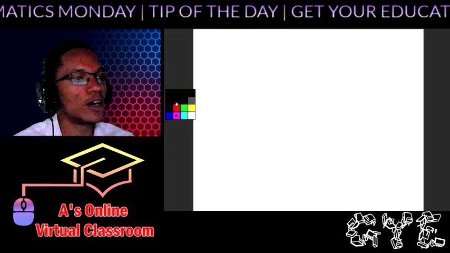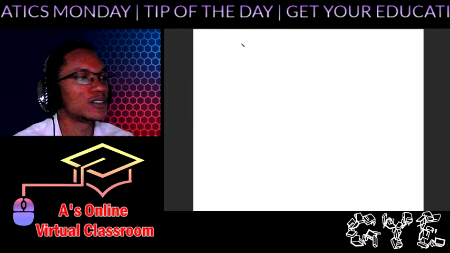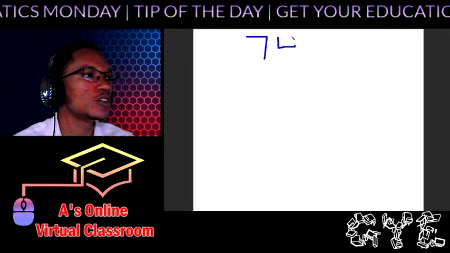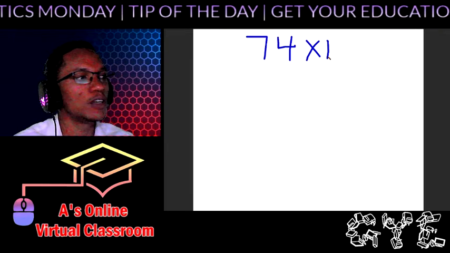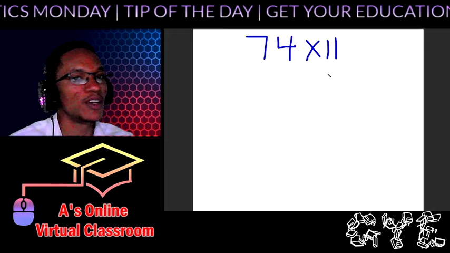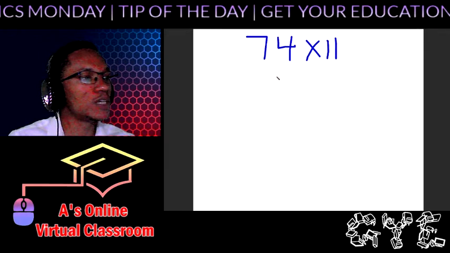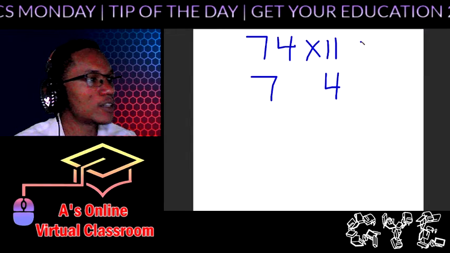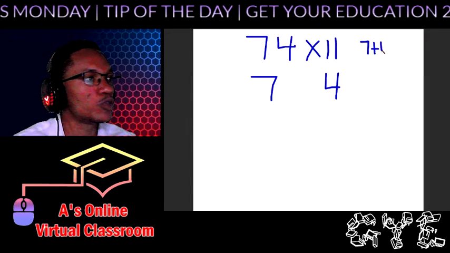Let's say we have 74 multiplied by 11, right? We're going to do the same thing. We're separating the numbers, and then we're doing 7 plus 4.